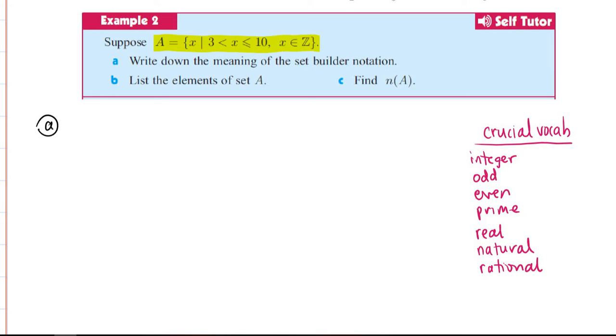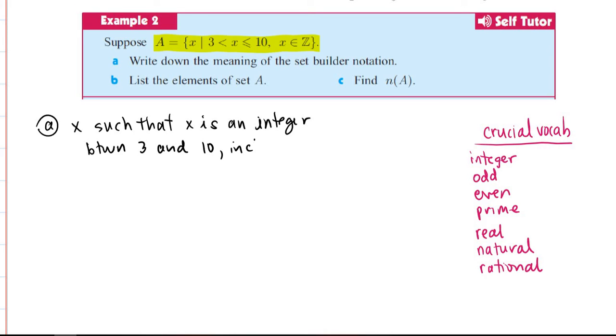So we know that we're talking about x such that x is an integer between 3 and 10, including 10. So we had x such that x is an integer between 3 and 10, including 10.